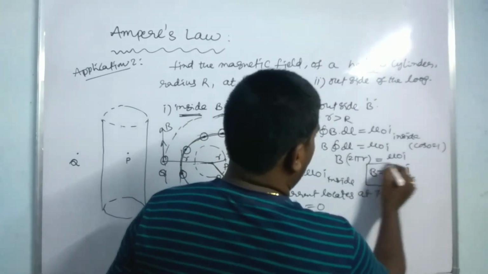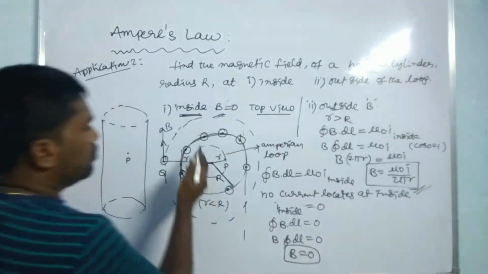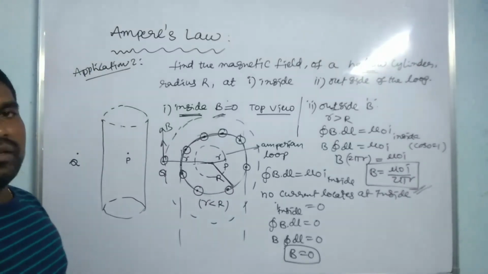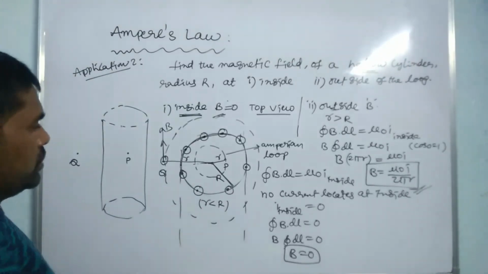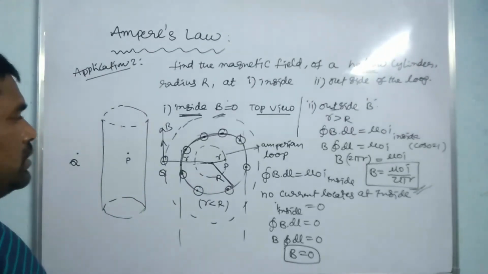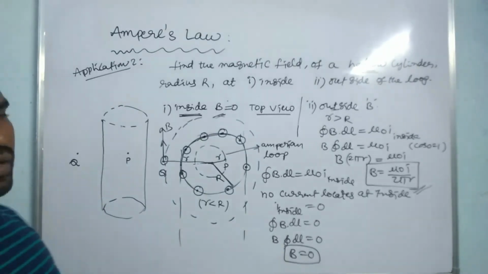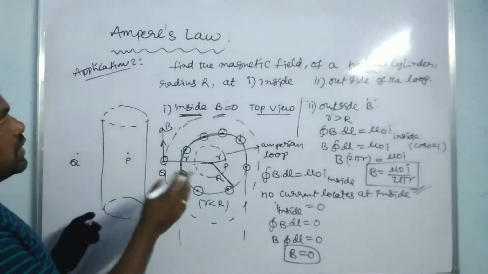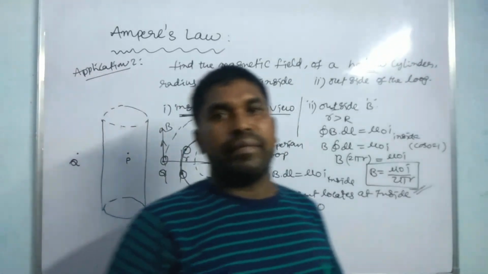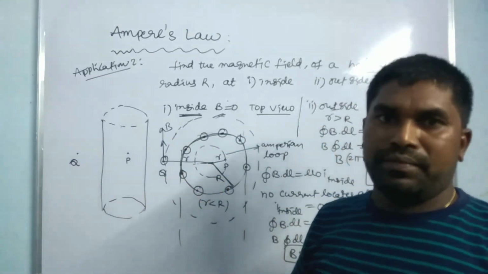This is the magnetic field outside of the cylinder, at a distance small r. So this is how we find the net magnetic field in the case of a hollow cylinder using Ampere's circuital law.